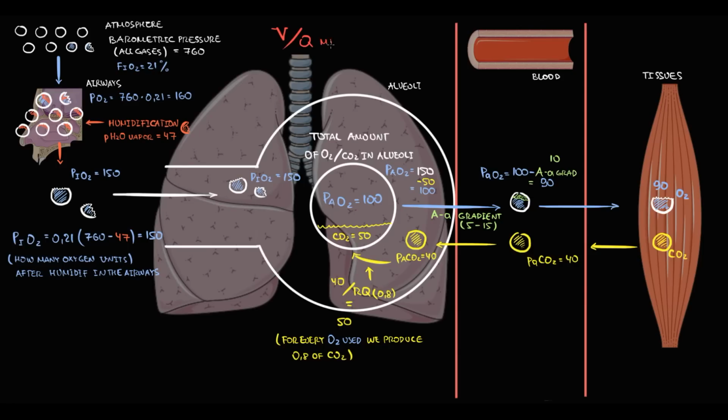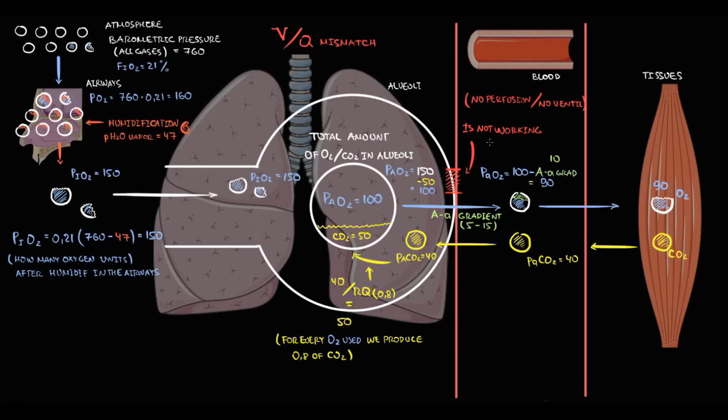The next scenario is VQ mismatch. The problem here is decrease in available surface area between alveoli and blood. For example, due to the emboli that disrupts perfusion, or foreign body obstruction that disrupts ventilation. The logic here is that with decrease in available surface area, the diffusion of oxygen into the blood decreases, which means that AA gradient will increase.